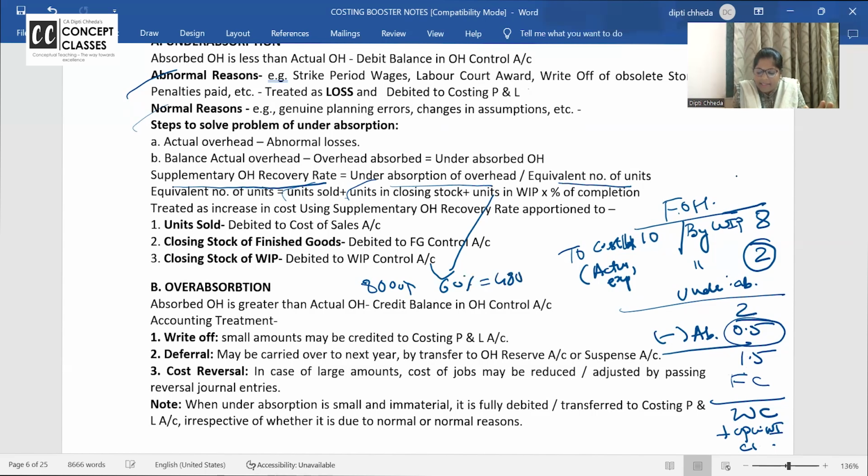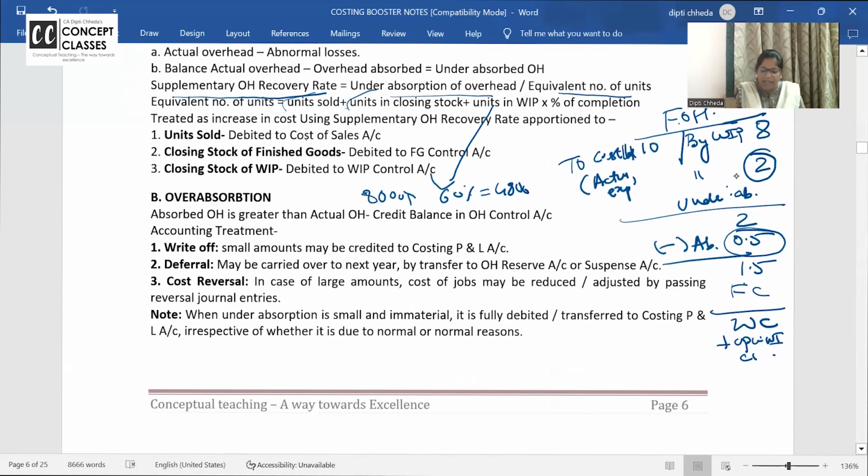So can I say equivalent completed units is 4,800? So units sold, you will get the under overhead, charge it to cost of sales. Finished goods, charge it to finished goods. जो work in progress है, work in progress. समझ में आ रहा है?